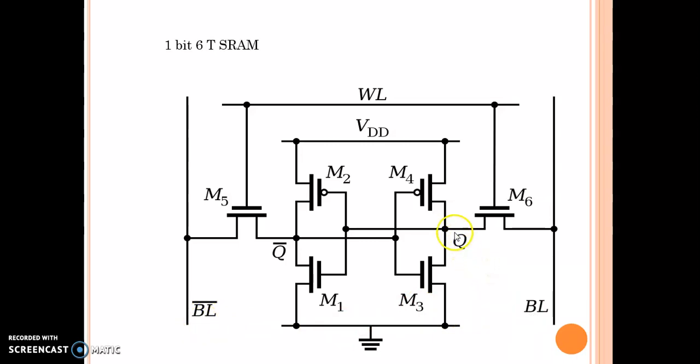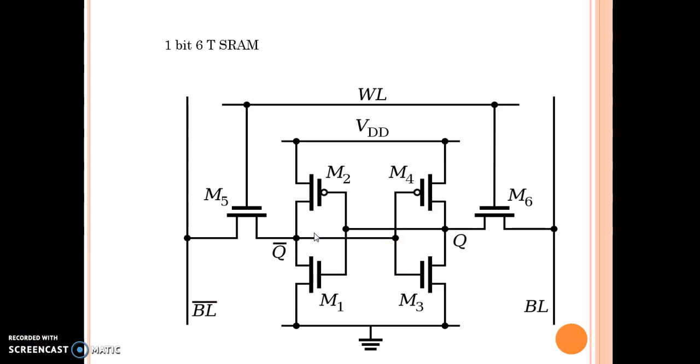Now the voltage at Q, that is VQ, is 1 and voltage at Q bar, that is VQ bar, is 0. So due to which M3 is in off state and M1 is in on state. And finally VQ bar discharges to 0 through M1 and VQ remains constant, that is high voltage.